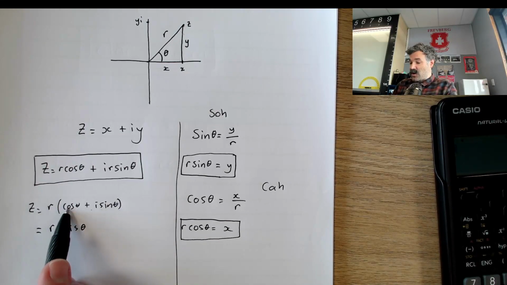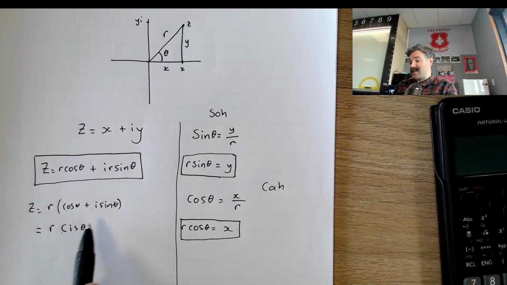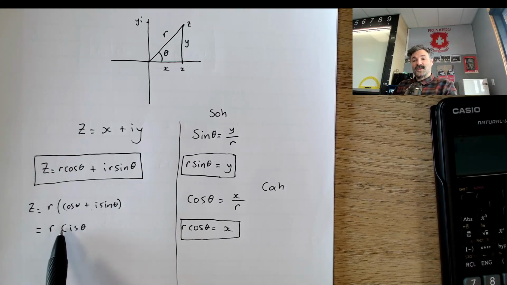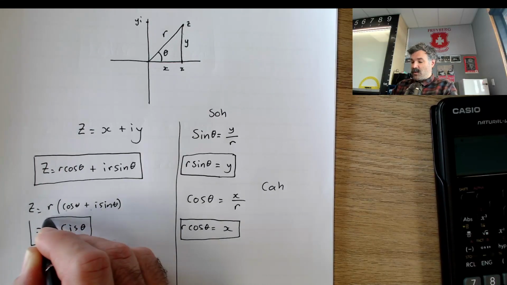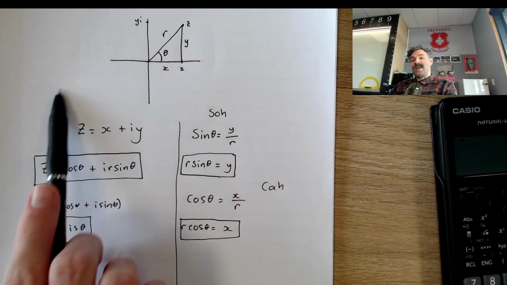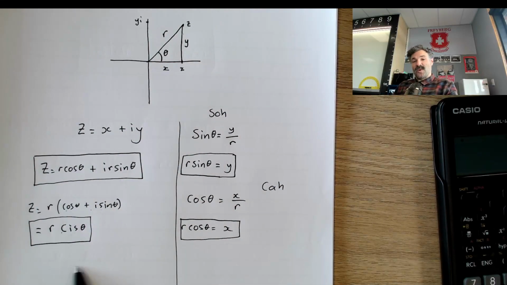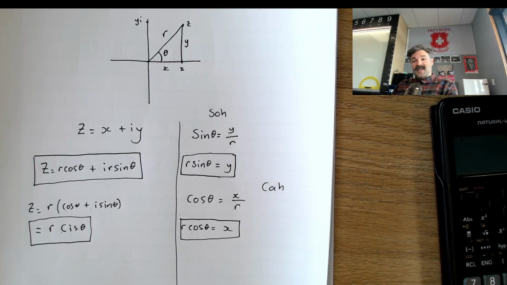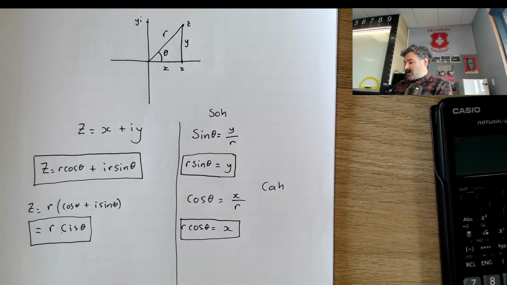The C stands for the cos, the I is the i, and the S stands for sine, and that angle belongs to both the cos and the sine. So this is polar form. Now it turns out you don't need to remember any of this. This is just me explaining where on earth this r cis theta comes from. If you've watched the modulus and the argument videos, then it's very, very easy.